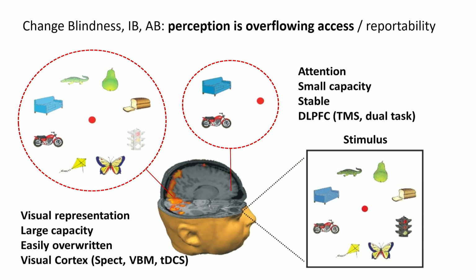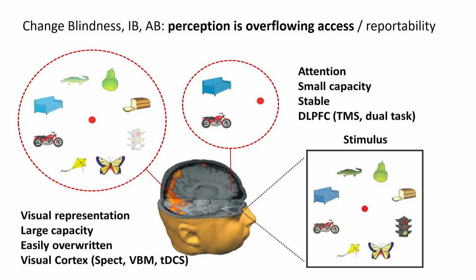Another thing that recurrent processing theory would argue for is that, in this whole discussion of change blindness and inattentional blindness, you actually have a conscious percept of stuff that is represented in visual cortex.